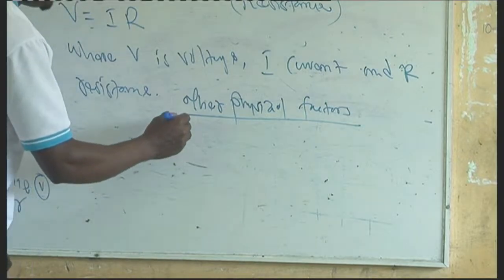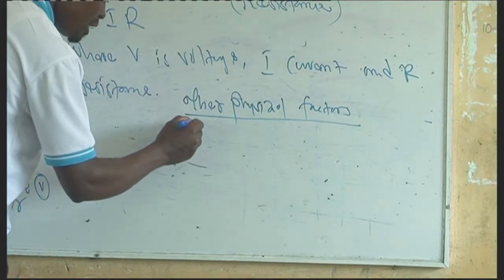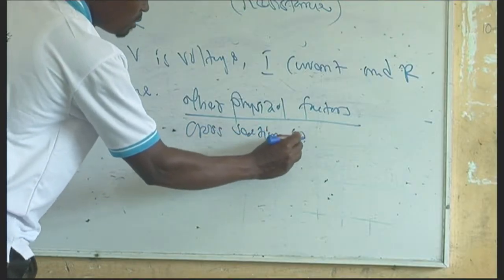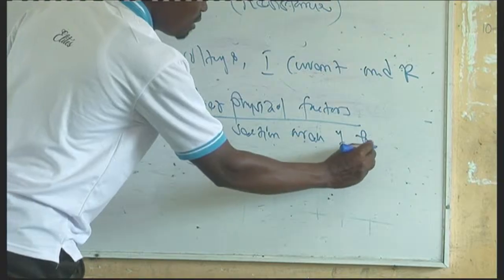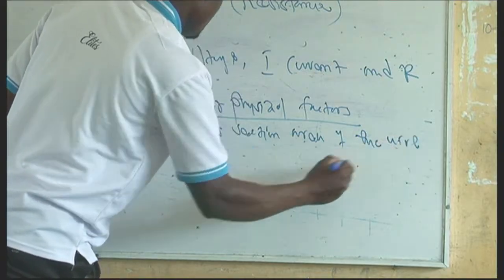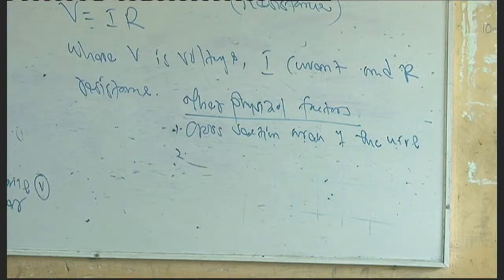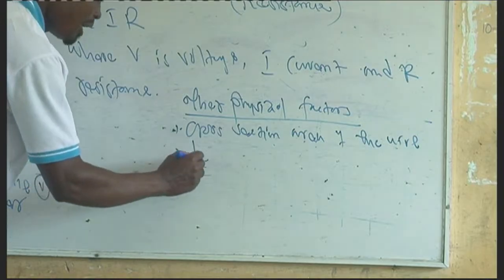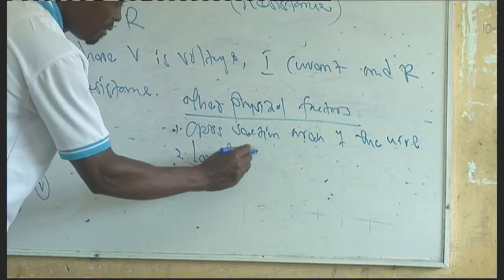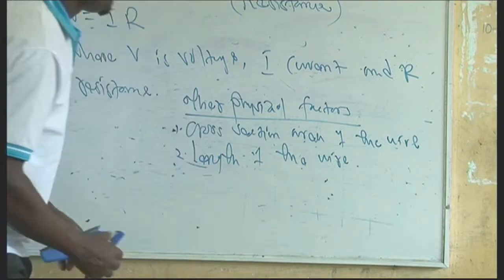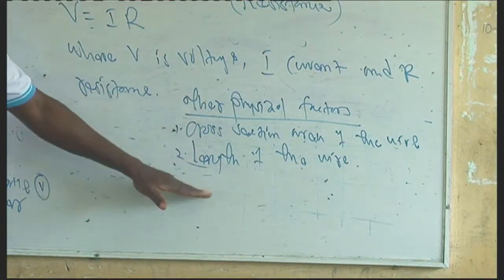It means the cross-section area of the wire, or those wires which you are using for that particular experiment, you must maintain their length throughout the experiment. So also the length of the wire. So those two are the physical factors which must be kept constant.